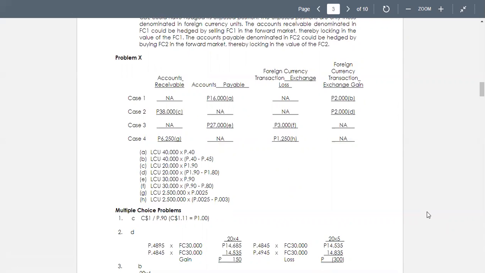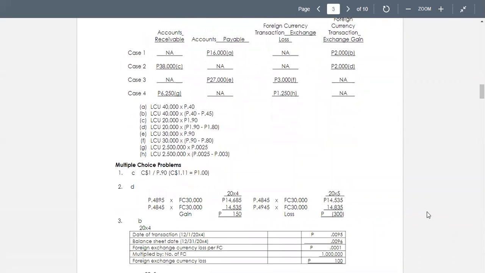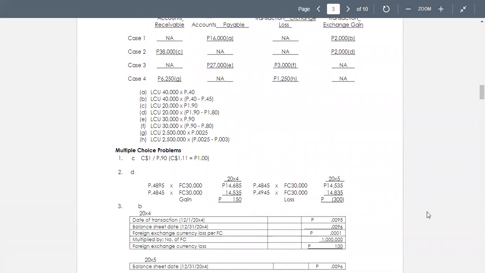So in number 1, the answer is dividing Canadian dollar of 1 divided by 0.90. So that's letter C in number 1. 1 divided by 0.90. So you have there letter C.